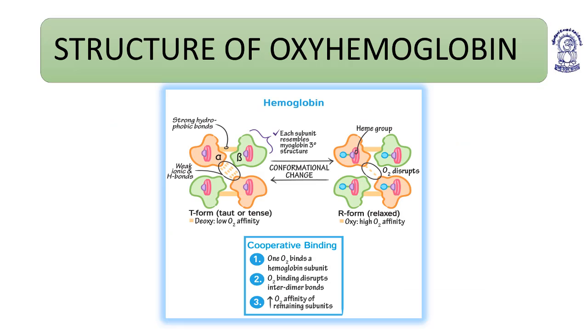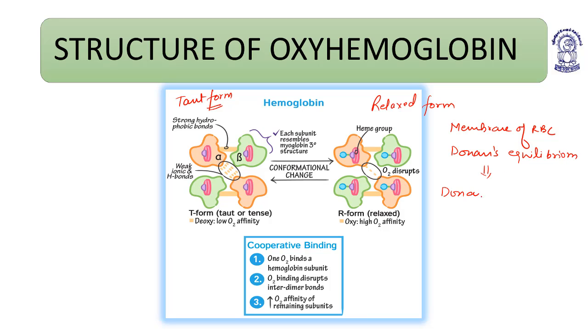Structure of oxyhemoglobin. There are 2 forms. One is the relaxed form, and the other one is taut form. The membrane of RBC is a classical example of Donnan's membrane or Donnan's equilibrium.